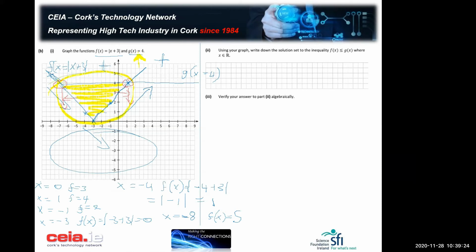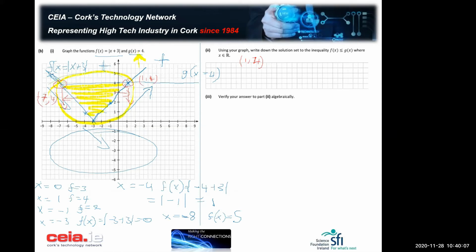So the point where g of x and f of x intersect, that first point is (1, 4). The point where they intersect here is actually (-7, 4). So if you have drawn properly, like I don't, on your graph paper, you'll be able to read off those points.